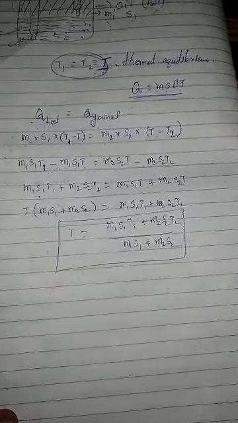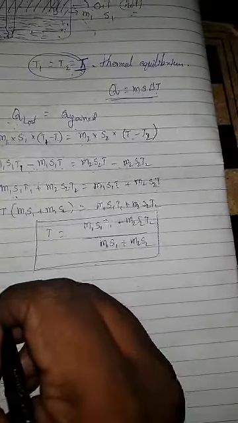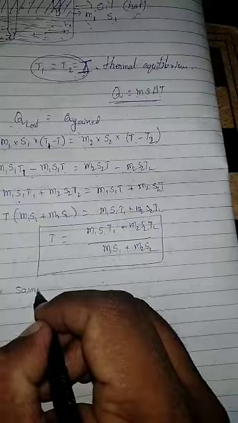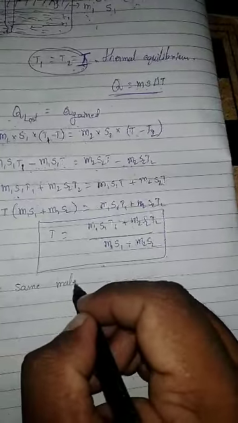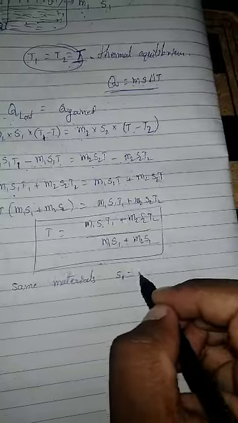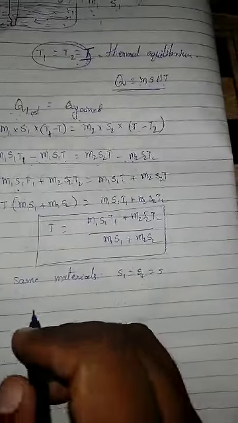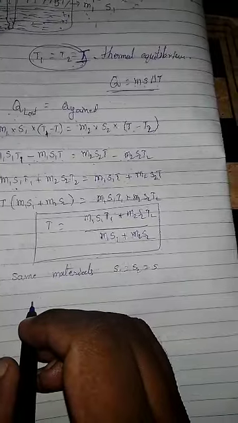If we want to find the thermal equilibrium when heat transfer takes place between same materials, the specific heat S1 is equal to S2. When the materials are the same, they have the same specific heat. About specific heat, we will learn in the next class.